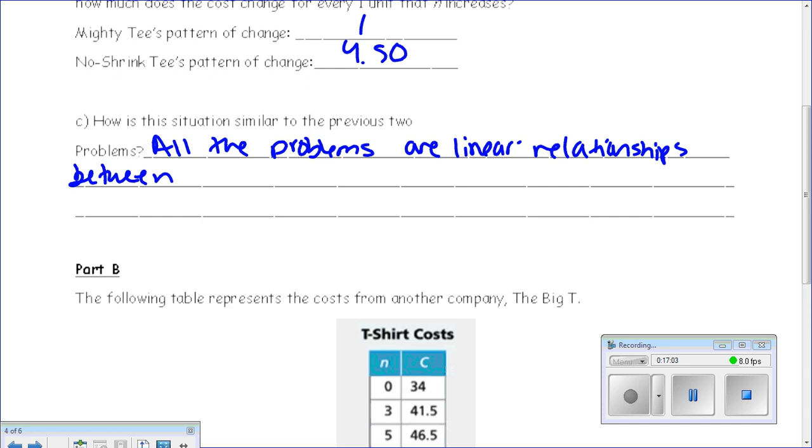Yep. And what else does it have? We have an independent and a dependent variable. So if we have C equals 4.5n, one's depending on the other.